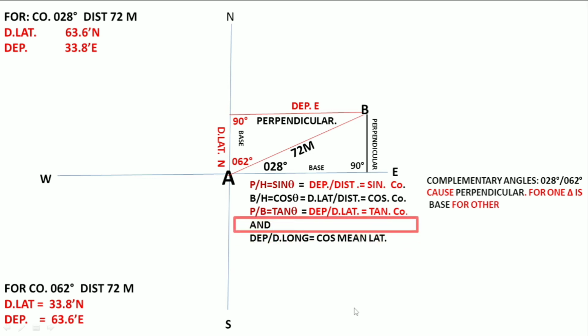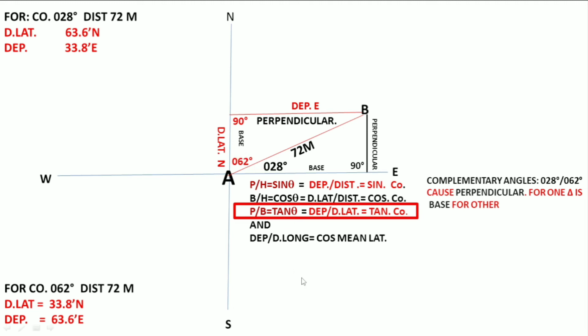If you go by this formula here, this is my base, this is my departure, this is my D.LAT. So, I'll get a different answer, whereas here, this was my perpendicular, this was my base. So, I get my opposite answers there.